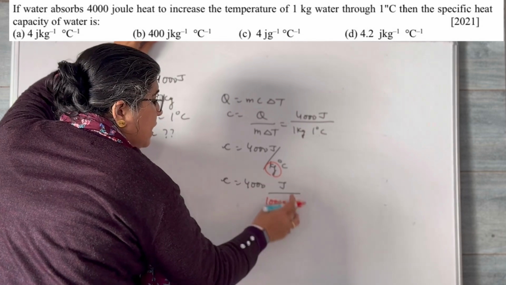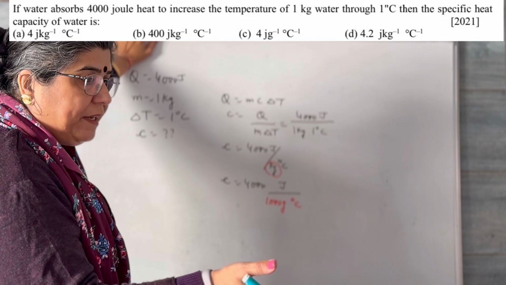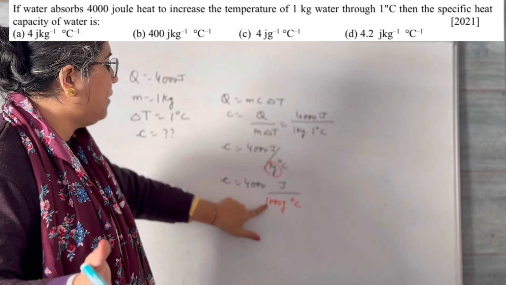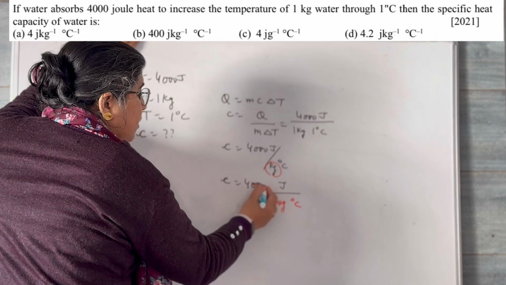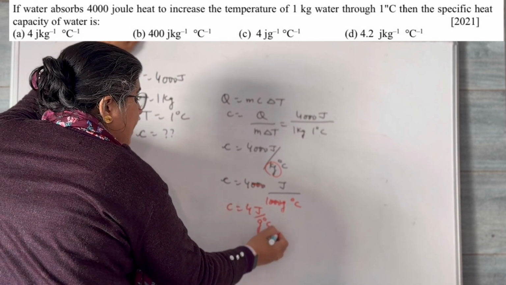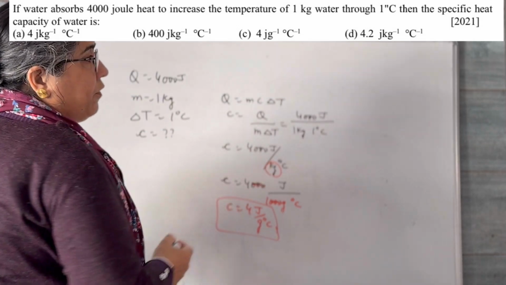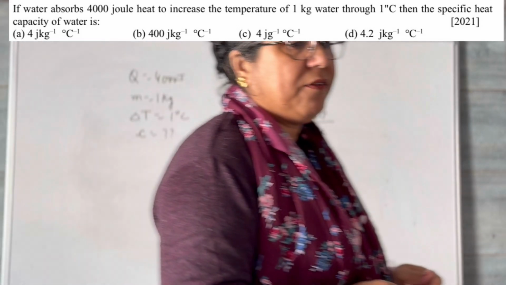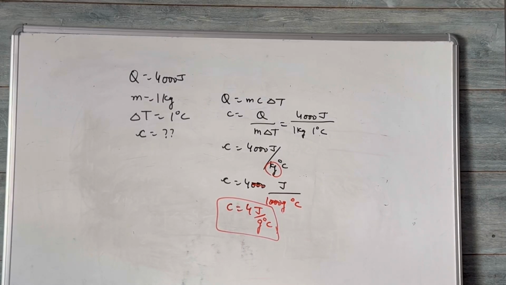And of course, degree centigrade is where it is. I have not changed joule, I have not changed degree centigrade. Instead of kg, I have written in the denominator 1000 grams. Now these 3 zeros go. So answer is 4 joule per gram per degree centigrade. This was just a matter of conversion because the options given were not matching with 4000 joule per kg, but they were matching with 4 joule per gram.